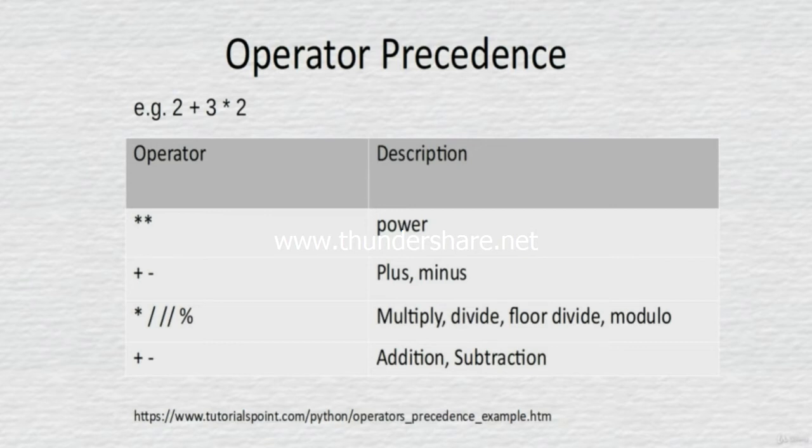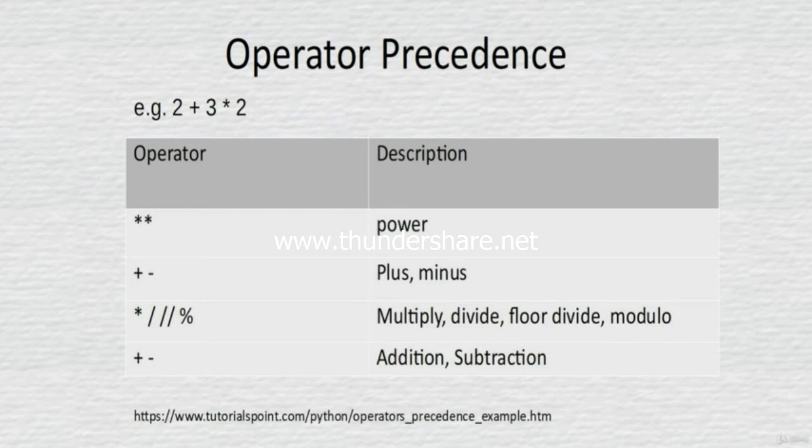Does Python do the summation first, then the multiplication, or does Python do the multiplication first, then the addition? In other words, does Python do 2 plus 3, which is 5, then times 2, or does Python do 3 times 2, then plus 2? Because the order of the evaluation would give different results.